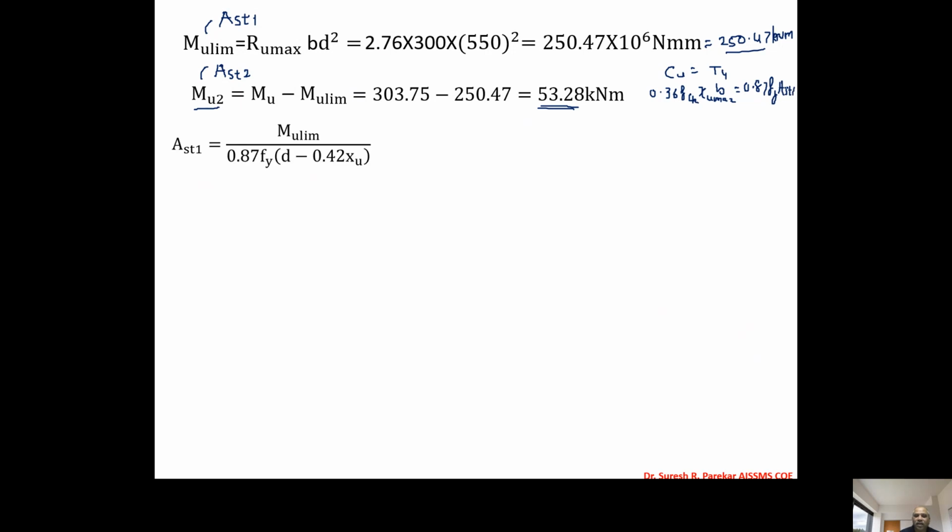From this you can see we have Ast1. Now this is Mu limit, and this value is Cu. If you multiply it by the lever arm, then you will get Mu. So Mu equals 0.87 fy Ast1 into d minus 0.42 Xu max.